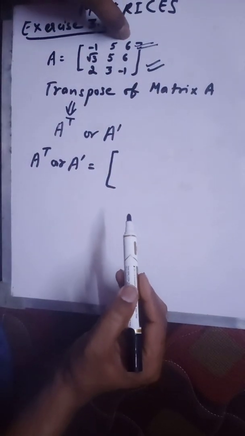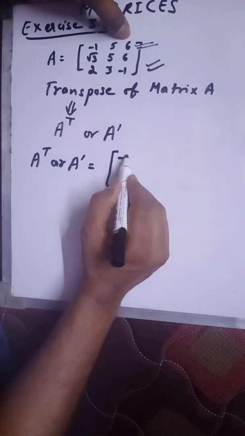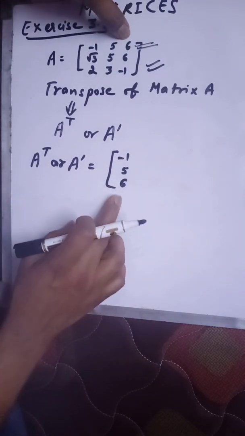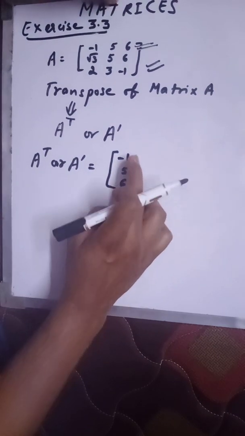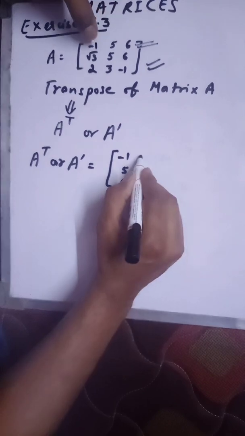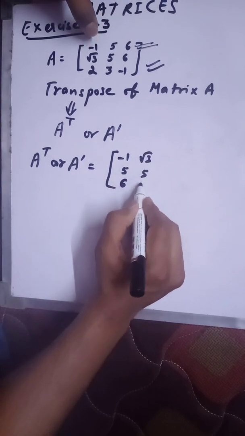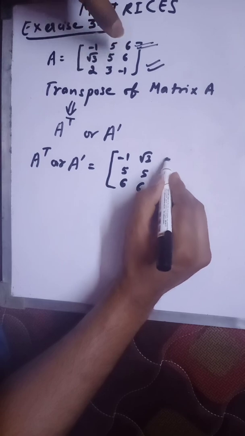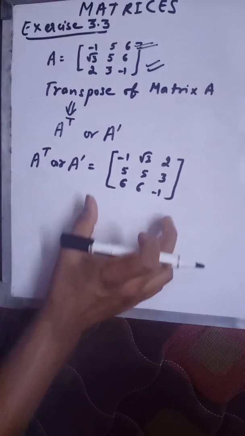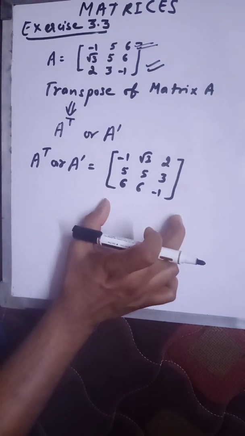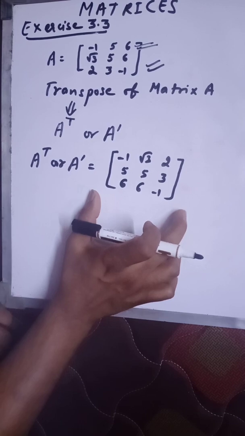If you write this whole row in the form of a column, like this, I'm writing -1, 5, 6 in column form, and again I'm writing this row like this, and the third row like this. So this is the transpose of matrix A. Fine, this is how we can find out the transpose of any matrix.